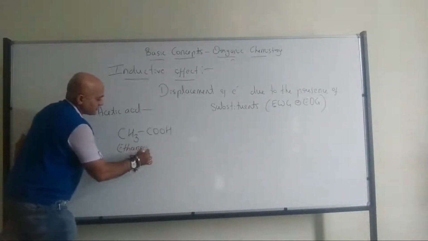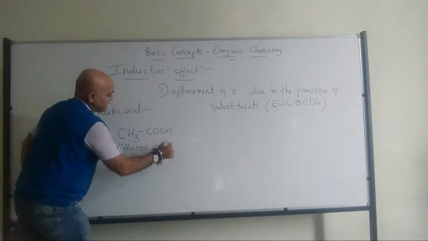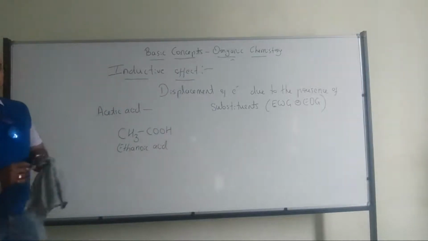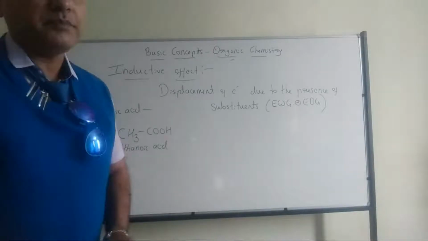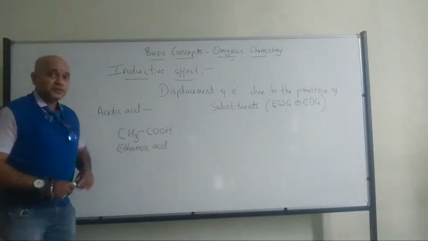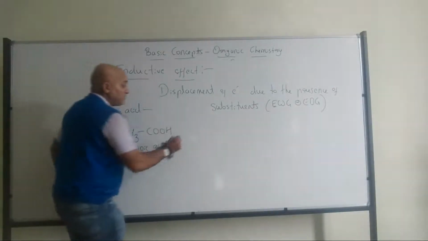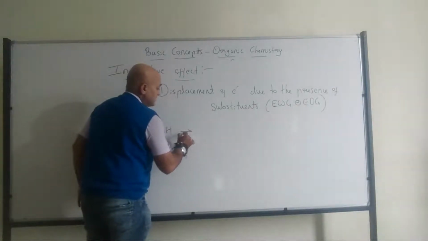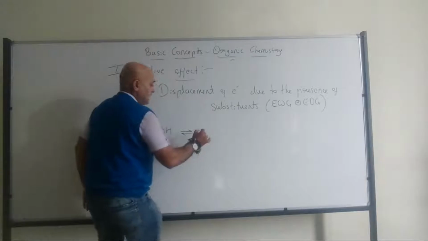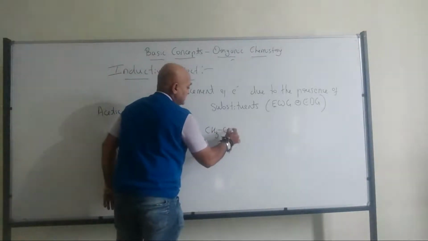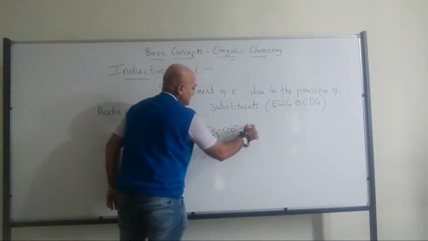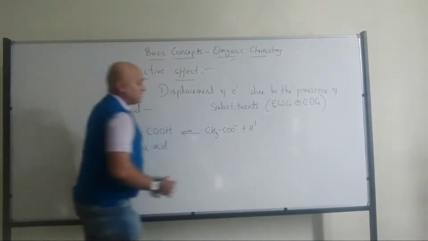Acetic acid is a common name, but ethanoic acid is the IUPAC name. Okay? Now, if I take this particular molecule, acetic acid, even it is going to be dissociated as CH3COO minus and H plus.